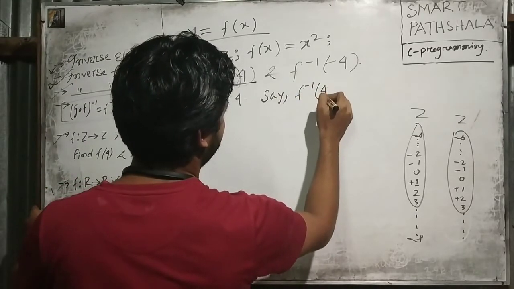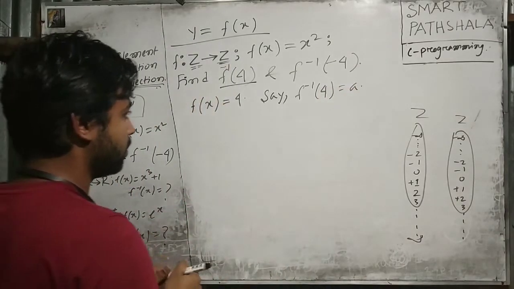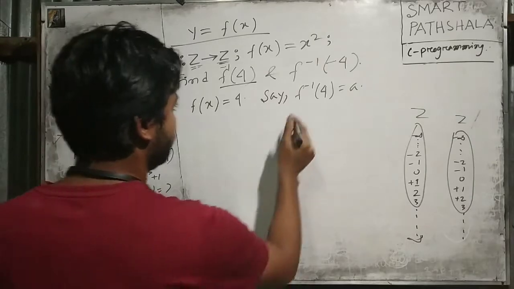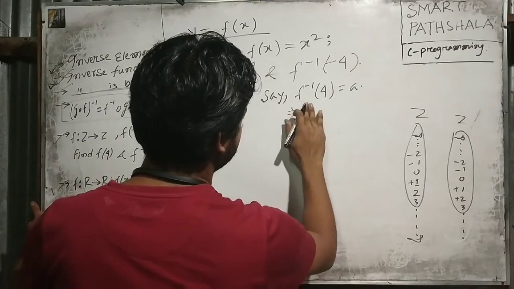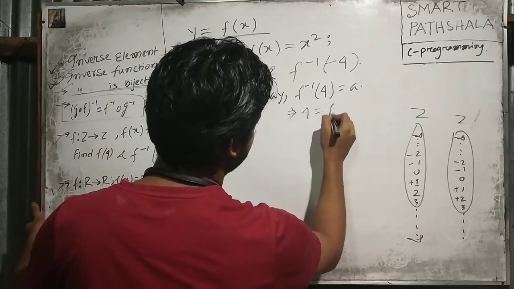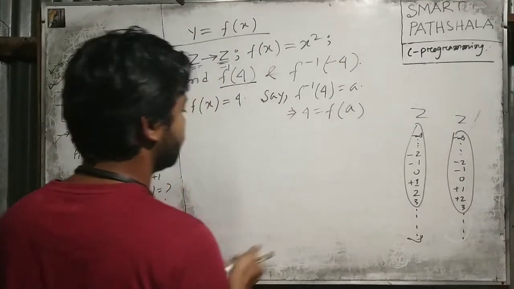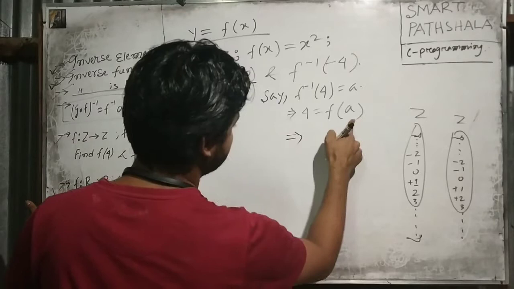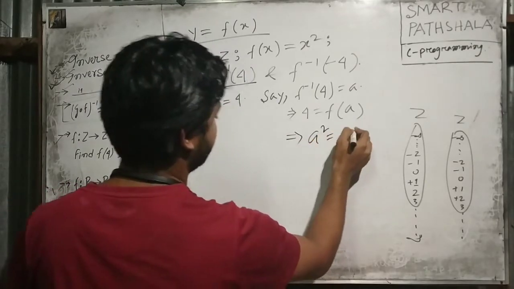f inverse of 4 is equal to a, right? Now from this line we can write, this implies 4 is equal to f of a. Again we can write this, if I come to the left hand side, then a square will be equal to 4.